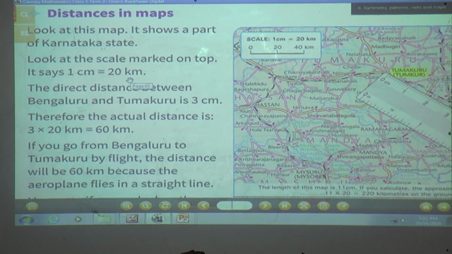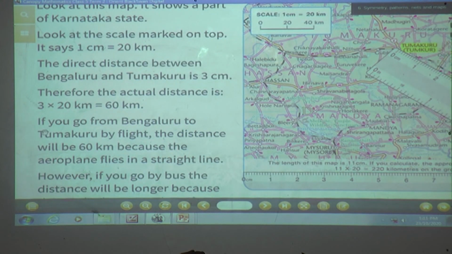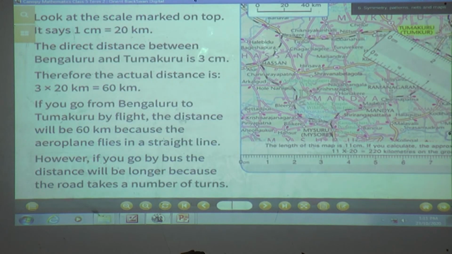Okay, all of you understood how to calculate? If you go from Bengaluru to Tumakuru by flight, the distance will be 60 kilometers because the aeroplane flies in a straight line. However, if you go by bus, the distance will be longer because the road takes a number of turns.